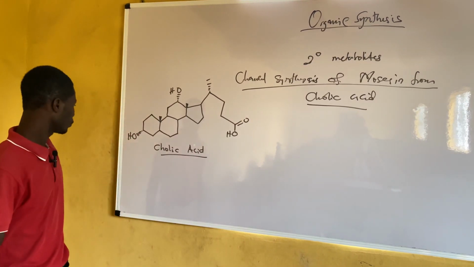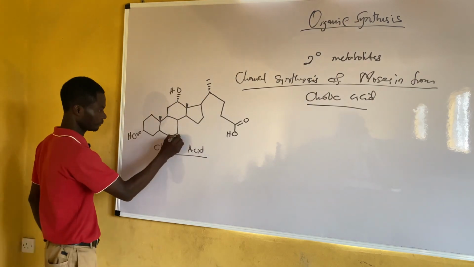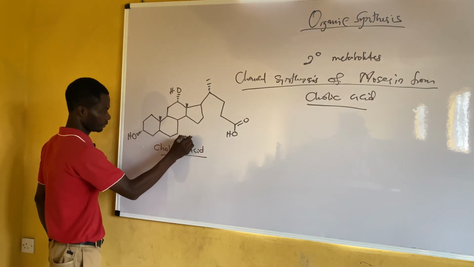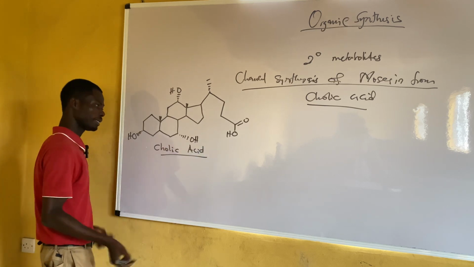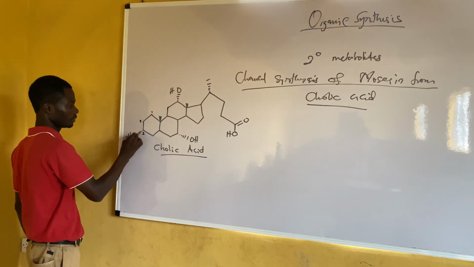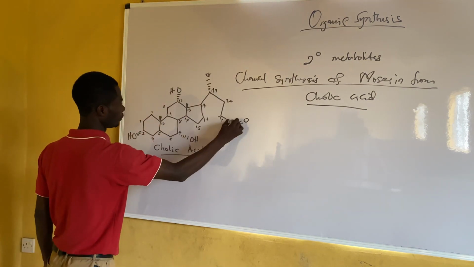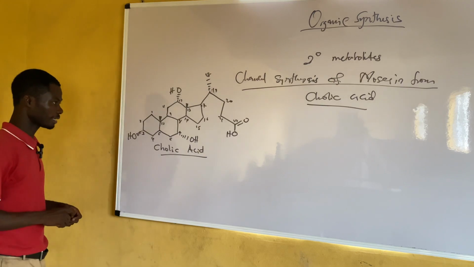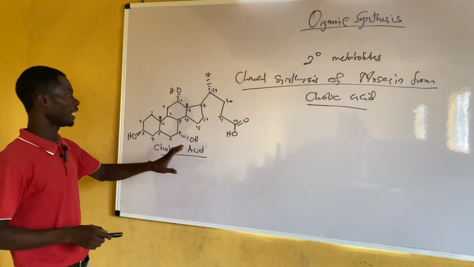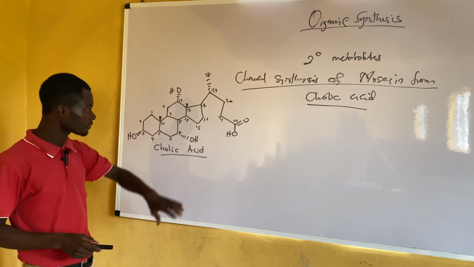When you look at this bond there, we might decide to number starting from here, 1, 2. But the most important thing now is the structure, and we take cognizance of the various functional groups associated with it.